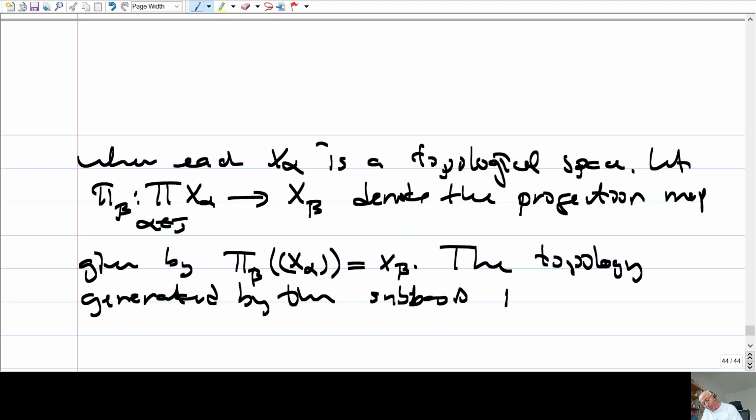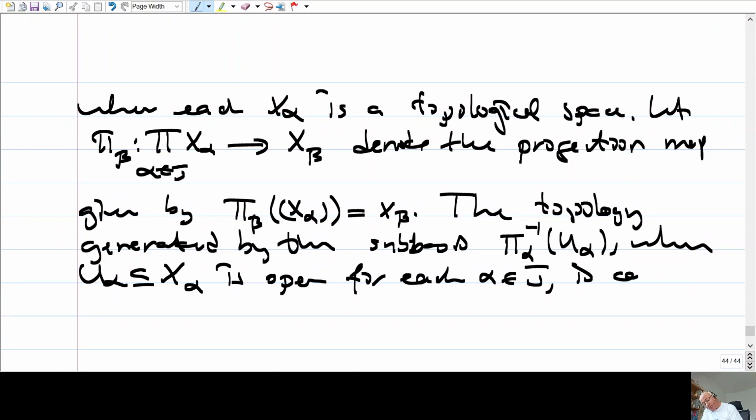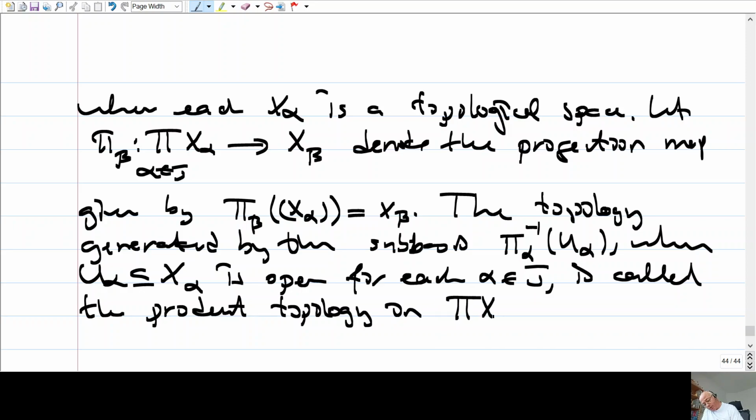Which sub-basis? We will look at this: pi alpha inverse of U alpha, where U alpha is an open subset, for each alpha, is called the product topology on this product.